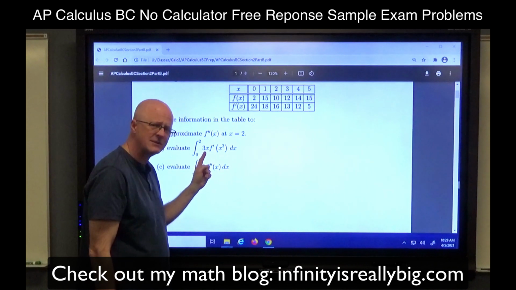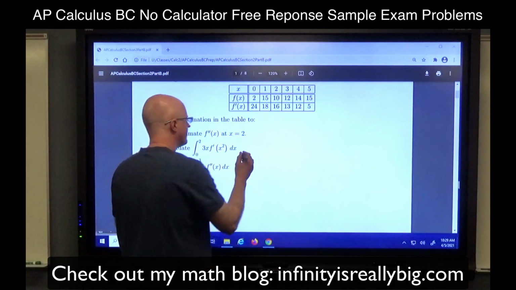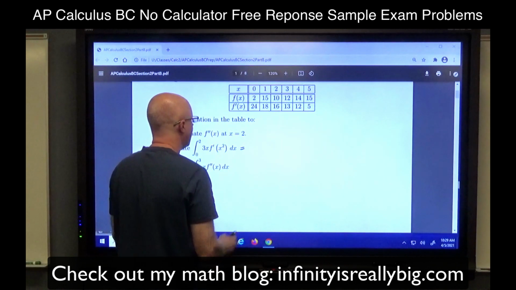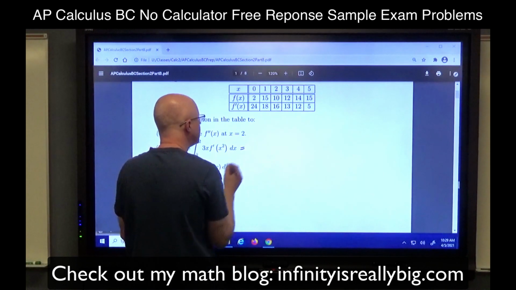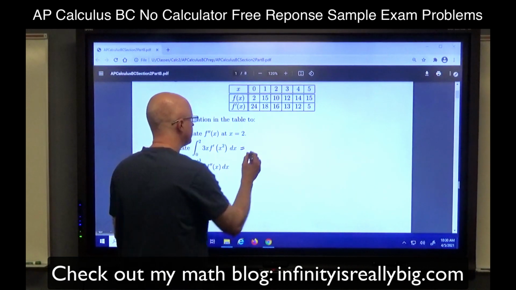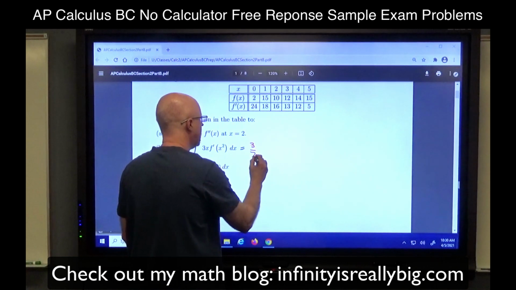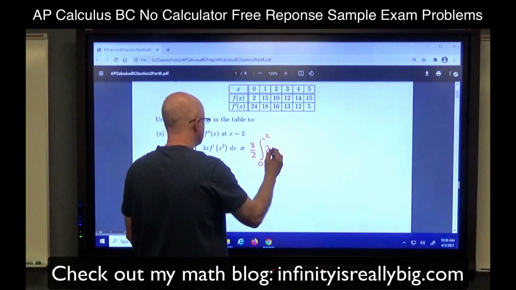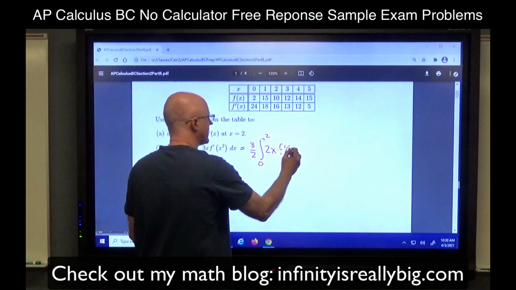It's a 3 there instead of a 2, but I can account for that. I could think of 3 as 2 times 3 halves, and factor out a 3 halves. 3 halves times the integral from 0 to 2 of 2x f prime of x squared.